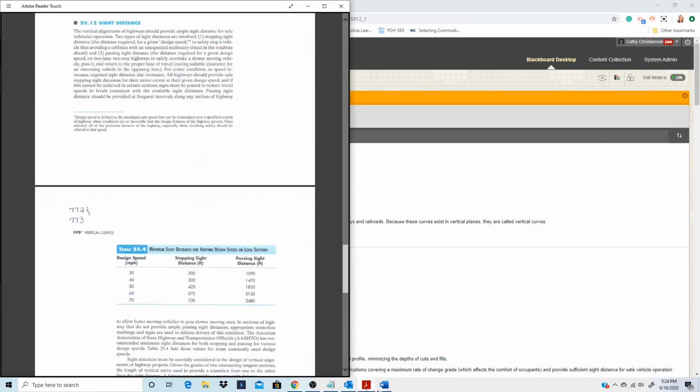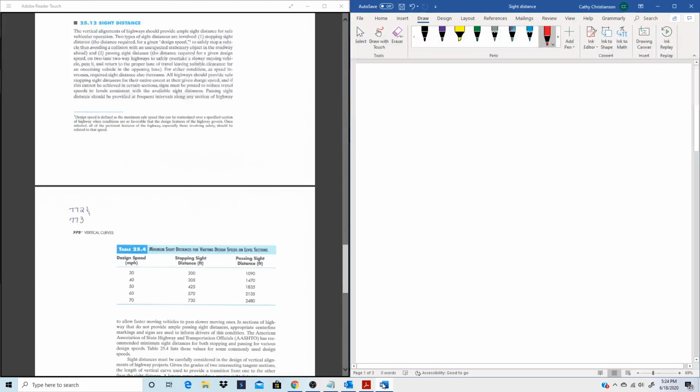Alright, so we're going to talk about sight distances. Sight distance in the vertical alignment part is for highways, which should provide ample sight distance for safe vehicle operation. There are two types of sight distance involved, one for stopping and one for passing.